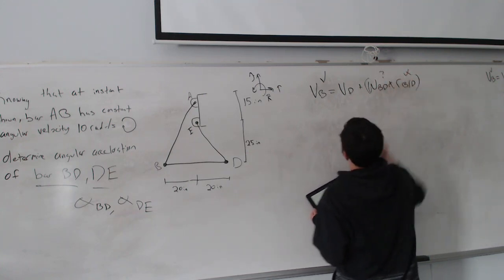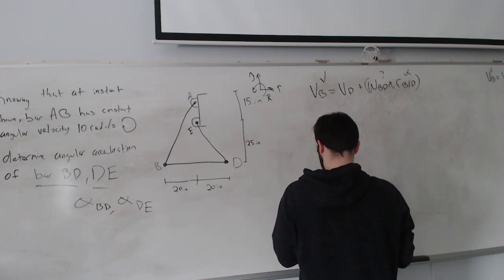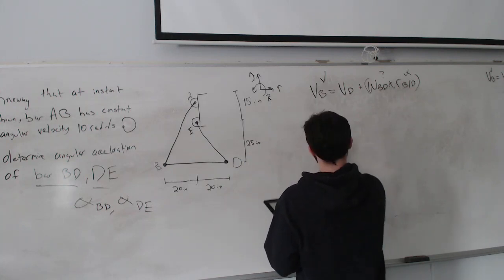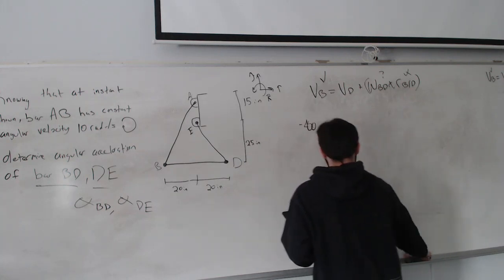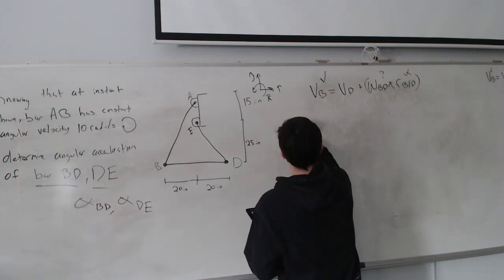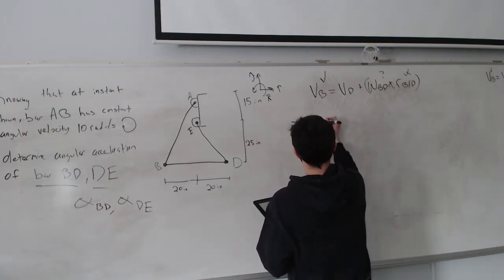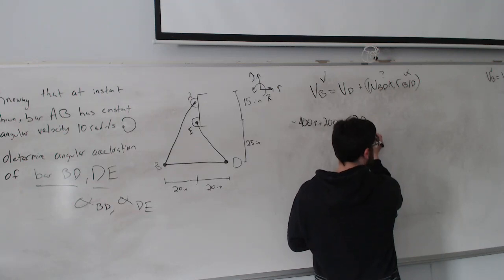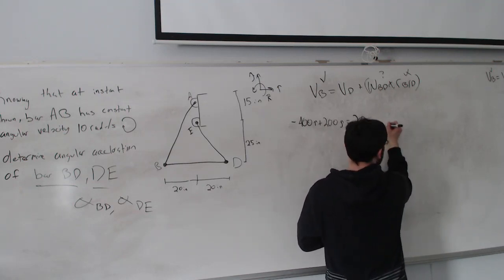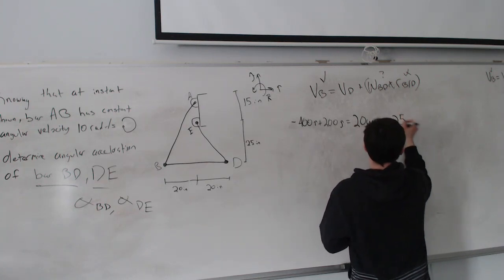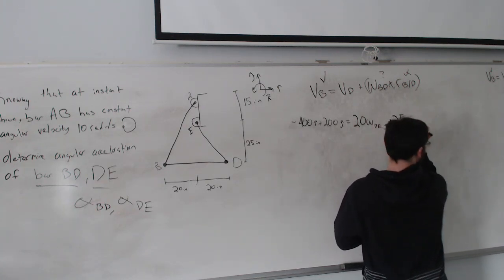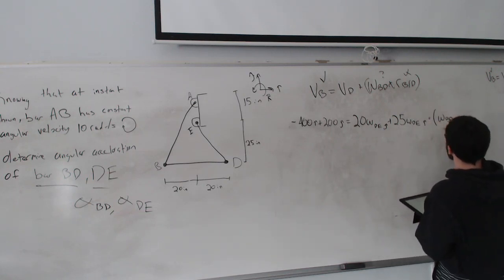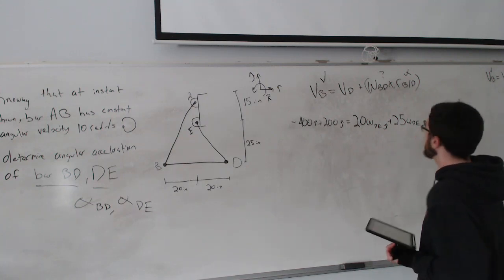Don't have this, and I can get that. All right, velocity of B. Velocity of B, I solved it earlier as... to B from D.